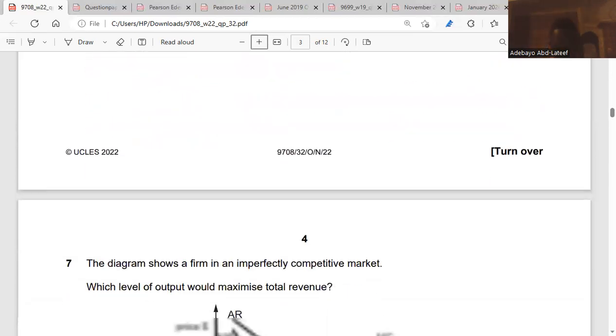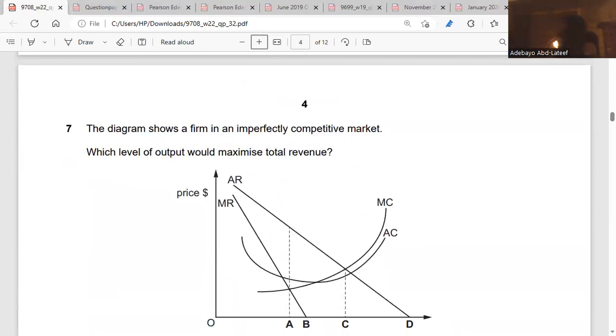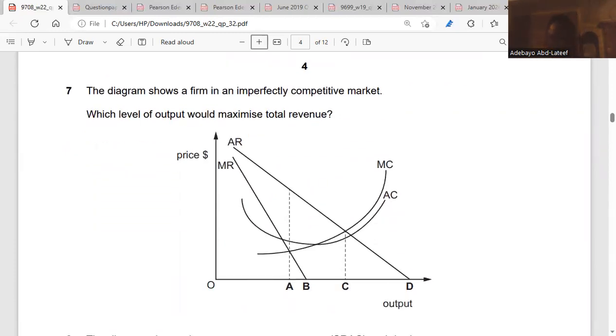Question 7. The diagram shows a firm in an imperfect competitive market. Which level of output would maximize total revenue? Total revenue will be maximized where your marginal cost equals your average revenue. MC equals AR at point... You see?